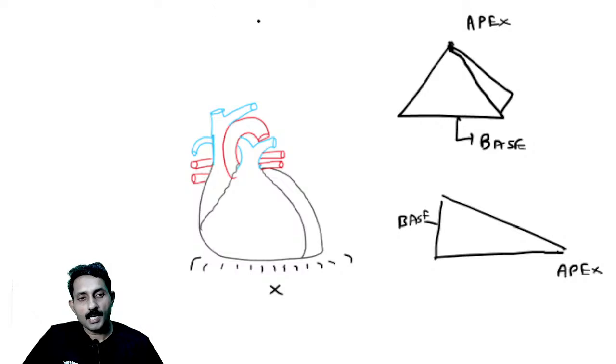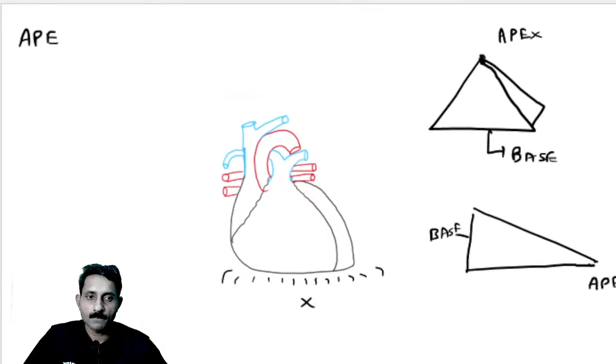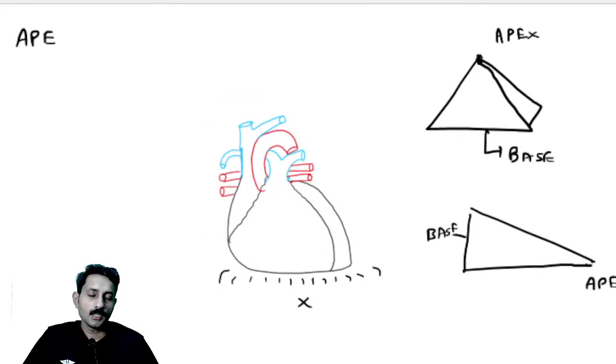Now the heart has some structures. We need to know what an apex is. So there is an apex of the heart. Then we have a base of the heart.